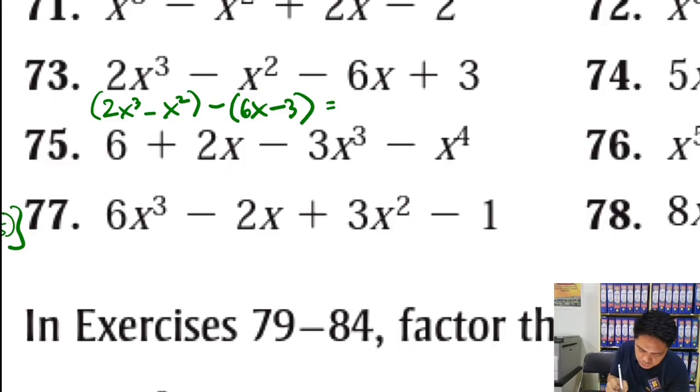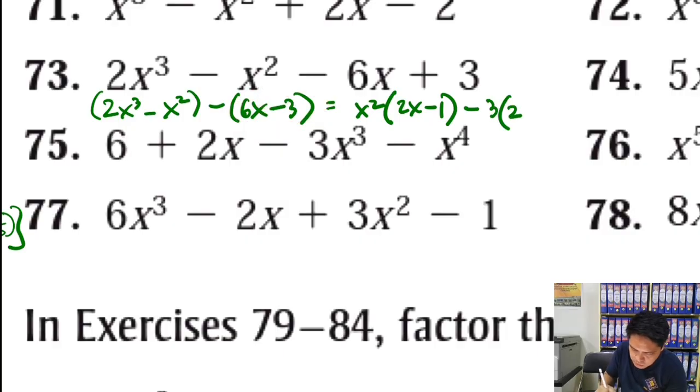Okay. So, sa first term, the common factor there is x squared. Then, yung may iwan sa loob is just 2x minus 1. The common here is 3. If I factor out 3, may iwan dito is 2x minus 1.